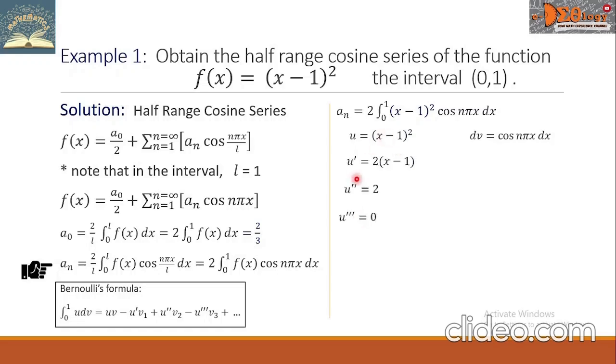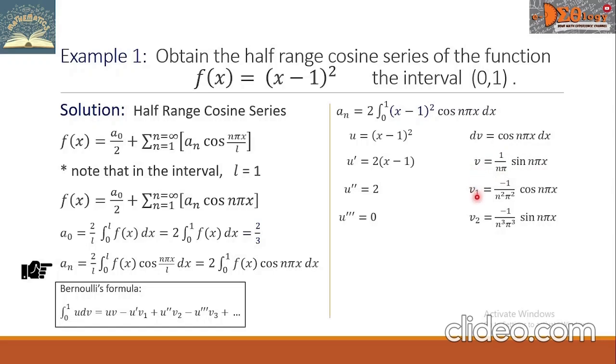So we have u prime equals 2 times the quantity x minus 1, then times 1. We don't write it anymore. U double prime equals 2, u triple prime equals 0. For the dv, we will integrate. Integral of dv is v, and integral of cosine n pi x dx is 1 over n pi times sine n pi x.